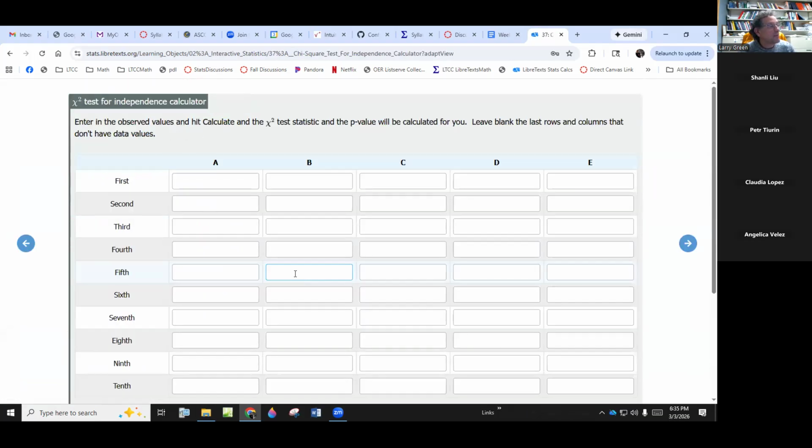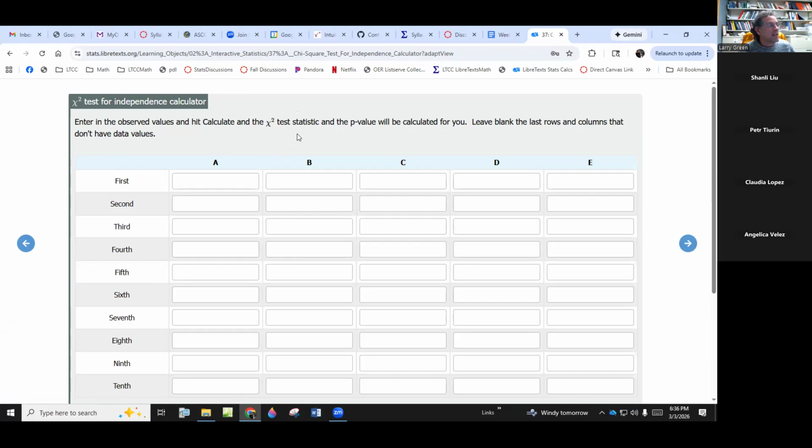And here we go. This says enter in the observed values and hit calculate. The chi-square test statistic and the p-value will be calculated for you. Leave blank the last rows and columns that don't have data values.